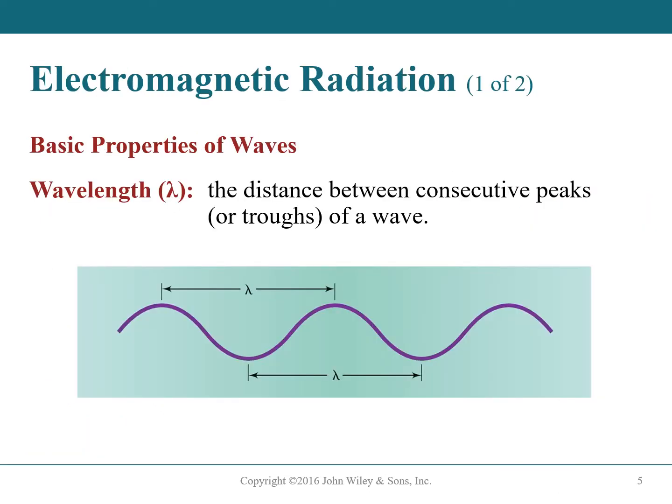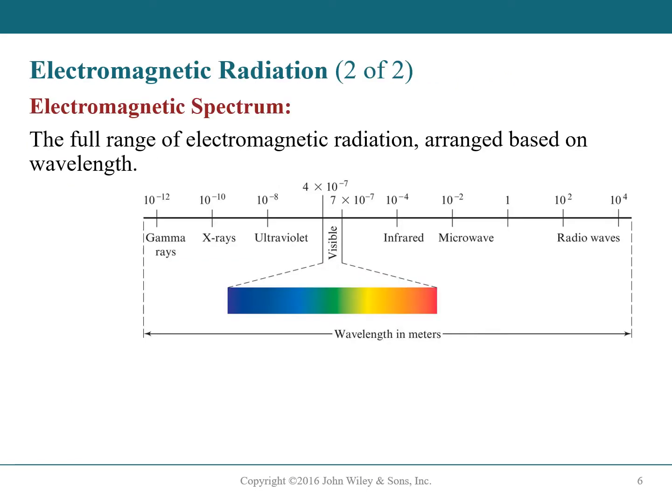So when we talk about wavelength, it's going to go from peak to peak or trough to trough. This is how your wavelength will be traveling in that direction. So when we talk about wavelengths, these are the longest and can even be longer than 10 to the 4th, and these are the shortest. And squeezed right here is our visible.